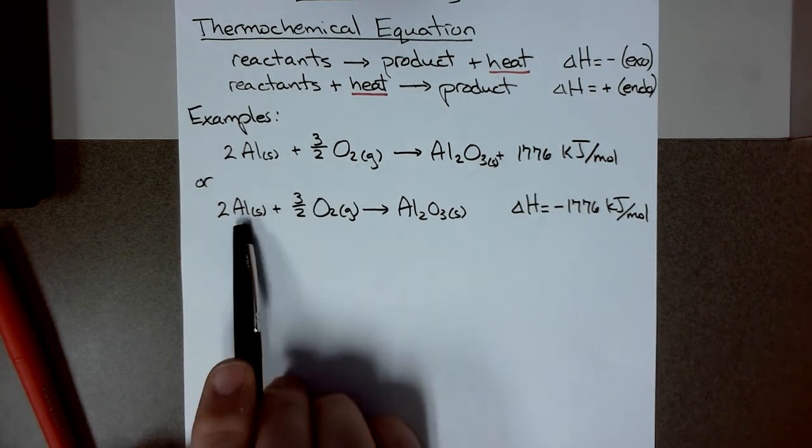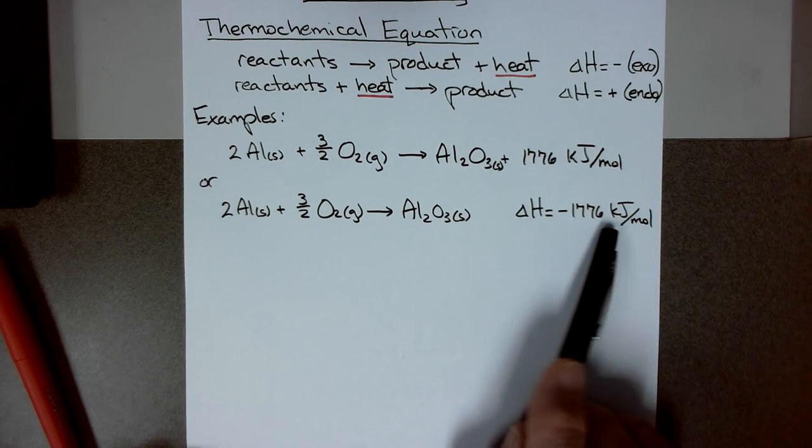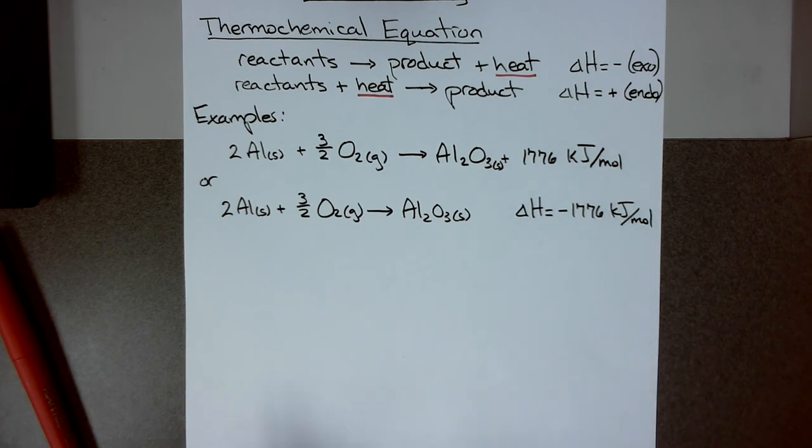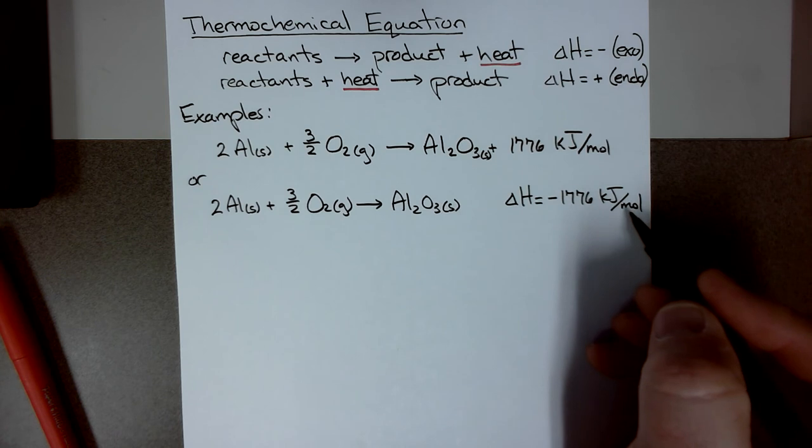I can also write it as just the reaction, and then to the side write delta H is equal to negative 1776 kilojoules per mole. This is understood as per mole of reaction.